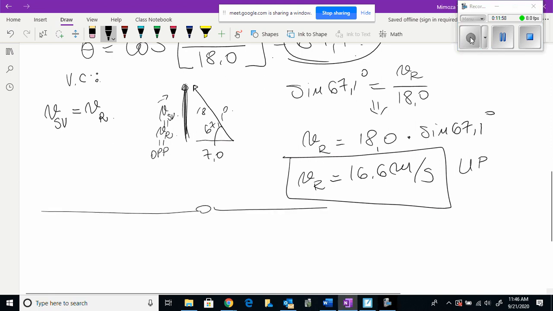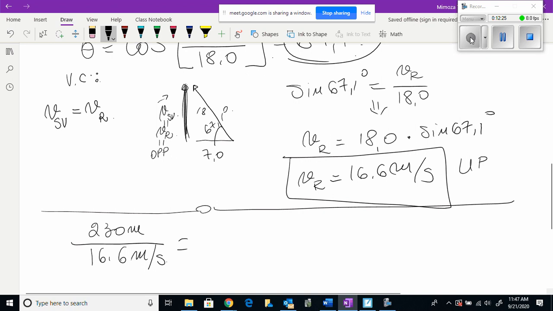Now, we know that the river, if I'm not wrong, was 230 meters wide. Am I right? This is what we said. Yes. So the river is 230 meters wide over the velocity in that direction, which is now the resultant velocity, 16.6 meters per second.